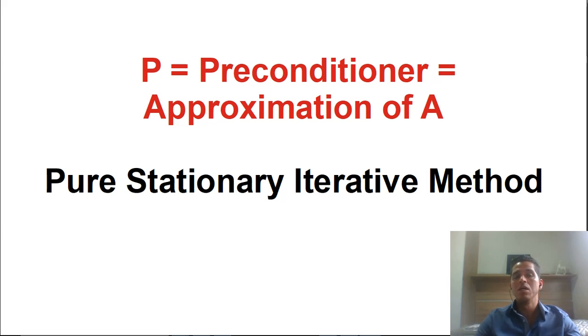And for sure, the x that we find by iterative methods will come closer to the x from Ax equals b. We call this process, which I've shown here in a simple way, a pure stationary iterative method. It's iterative because we solve step by step, trying to get close to the x from Ax equals b. And it's pure stationary because we are just doing the same stuff every time.